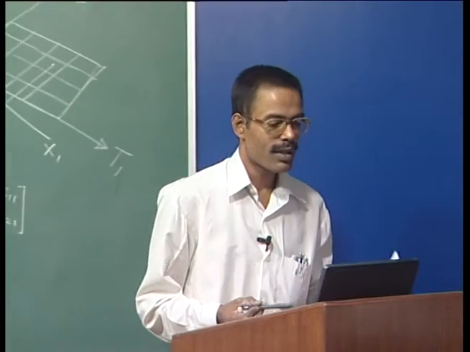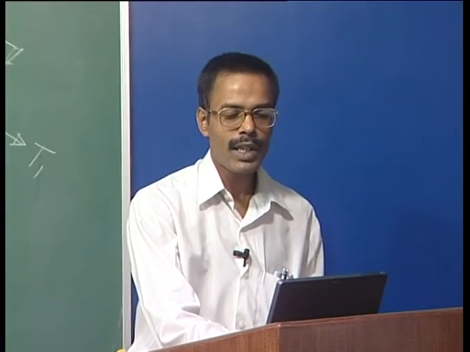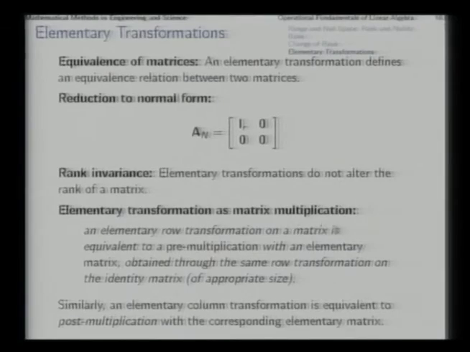So, we get this situation: an elementary row transformation on a matrix is equivalent to a pre-multiplication with an elementary matrix, and that elementary matrix is the one which is obtained through the same row transformation on the identity matrix of appropriate size.